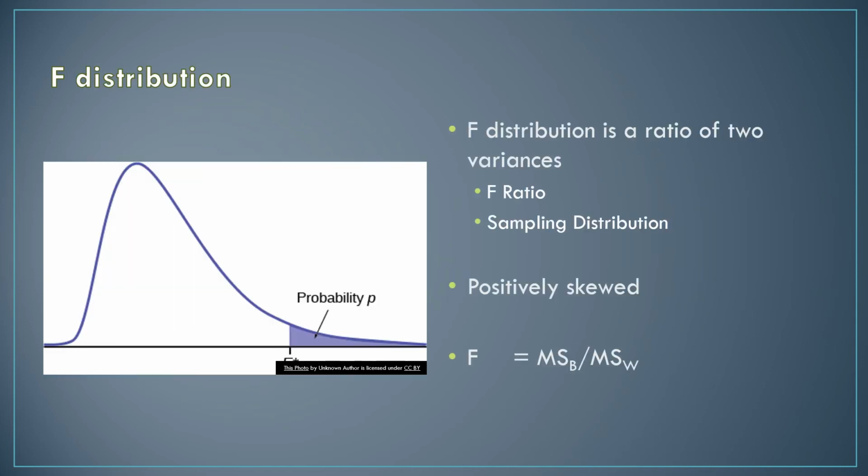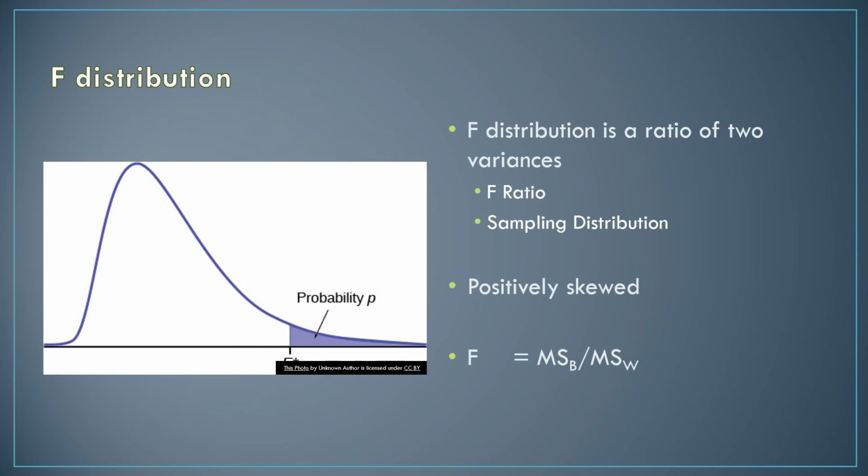So the calculation of this F ratio has this F distribution. So any of your F statistics are going to fall within this F distribution. This is the sampling distribution for any of the F ratios that you could get.